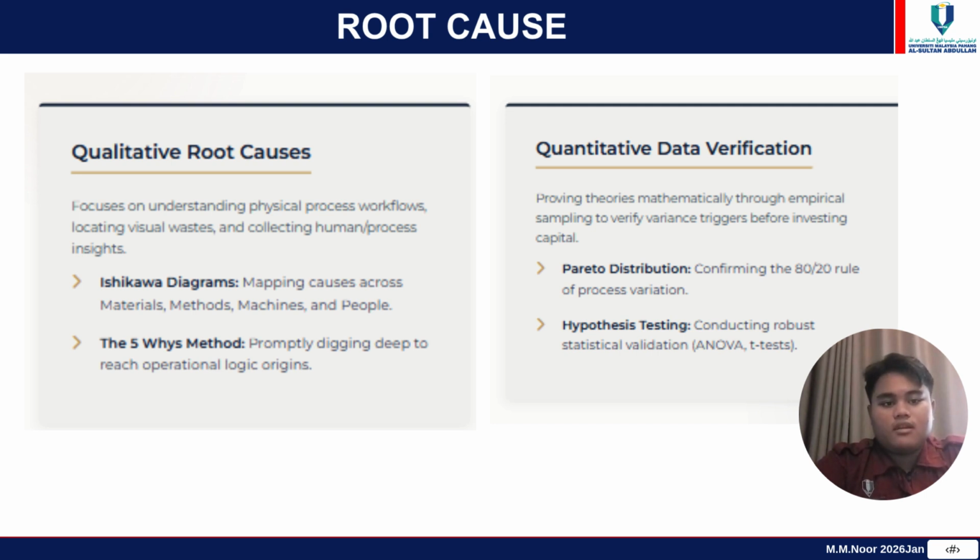Next, quantitative data verification. Quantitative data mathematically proves our theory using empirical sampling before any capital is spent. We use Pareto charts to confirm the 80-20 rule, proving that roughly 80% of our defects stem from just 20% of the causes. Then, we will use hypothesis testing like ANOVA or t-test to validate significance.